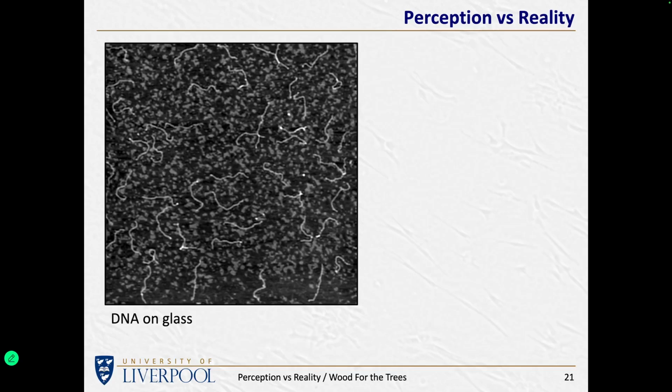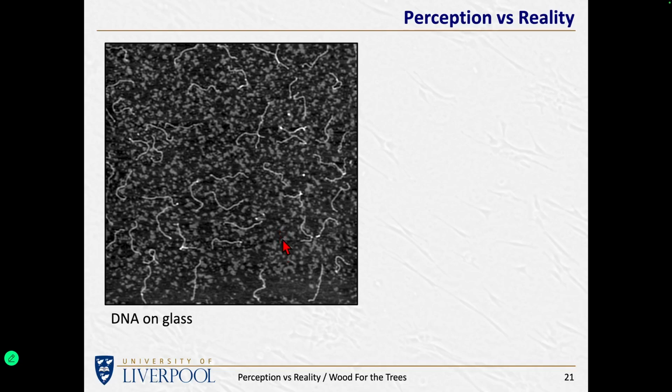So this whole business of perception not necessarily telling you what's actually there can be problematic. For instance, we look at this image from a colleague, who says, I've been looking at strands of DNA on glass. Here we've got a few dozen strands of DNA, all of these little wiggly worms, and the glass on which it's sitting is smooth, but smooth on a scale of microns.